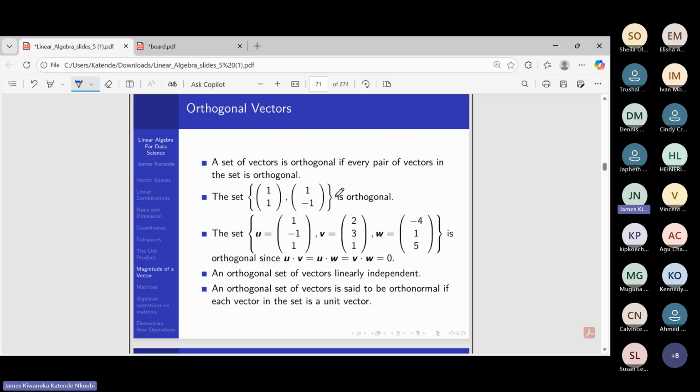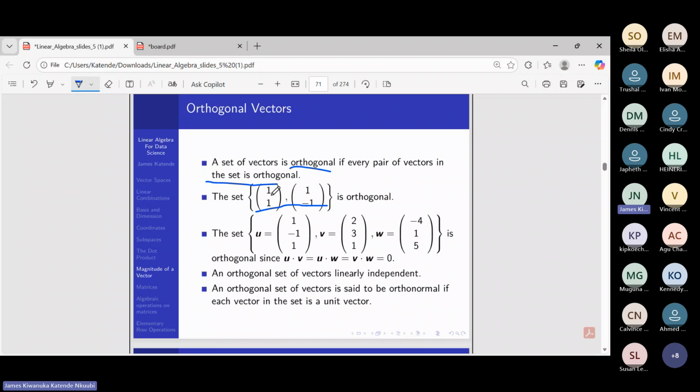So again, we are repeating this definition. We say if you have a set of 2 or more vectors, we'll say that it's an orthogonal set if every pair of vectors in the set is orthogonal. In 2 dimensions, this is an example of an orthogonal set, but there's only one pair anyway, and that pair is orthogonal. If you get the dot product of these 2 vectors, you will see that it is 0.